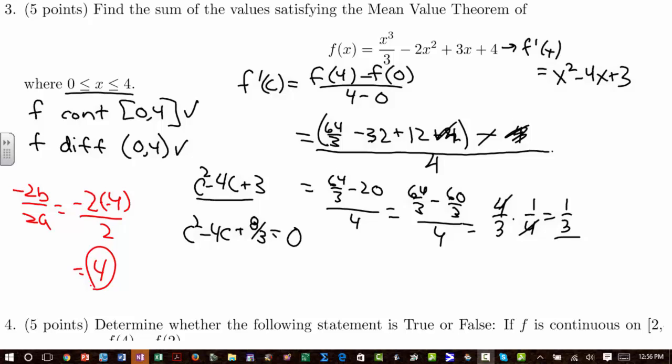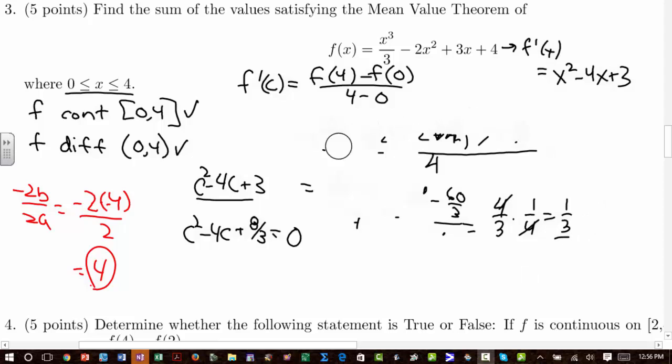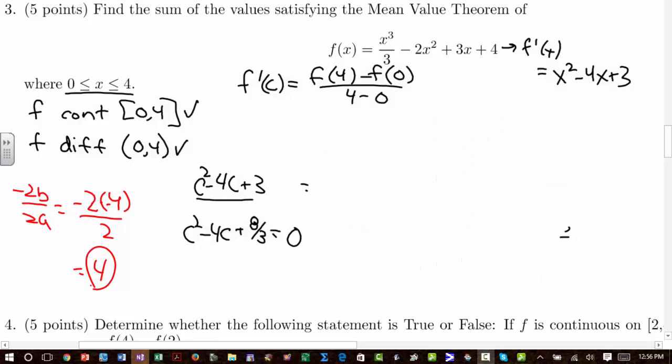If you don't mind, I'm going to erase this. And I'm going to basically say the two answers there are going to be negative b plus the square root of b squared minus 4ac all over 2a.